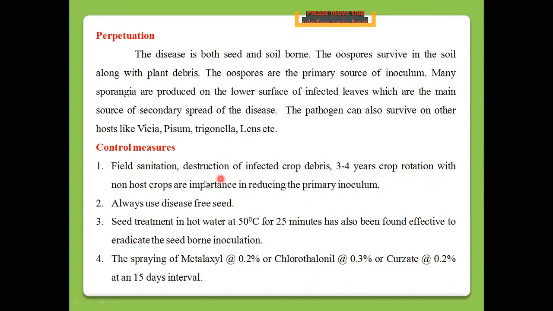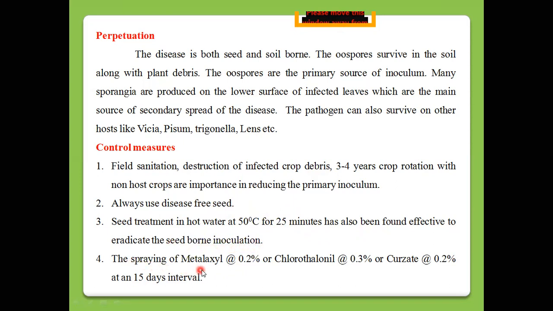3 to 4 years crop rotation with non-host crop. These cultural practices are important in reducing the primary inoculum. Then always use disease-free seeds, then seed treatment with hot water at a temperature of 50 degrees Celsius for 25 minutes. This seed treatment has been found effective to eradicate the seed-borne inoculum.